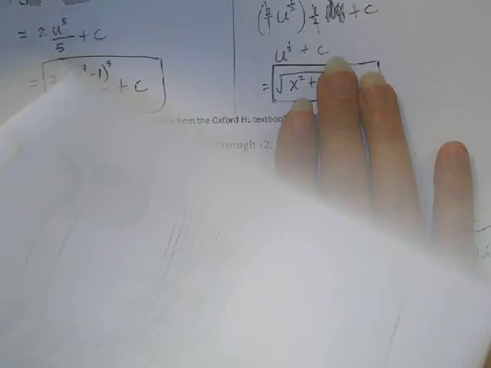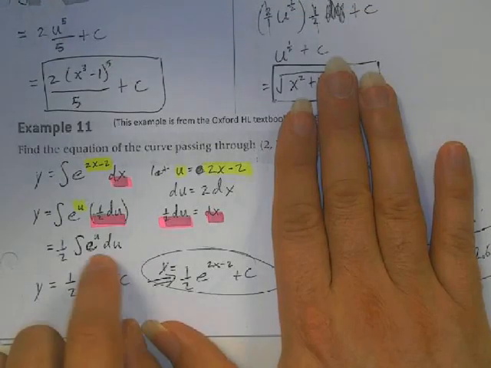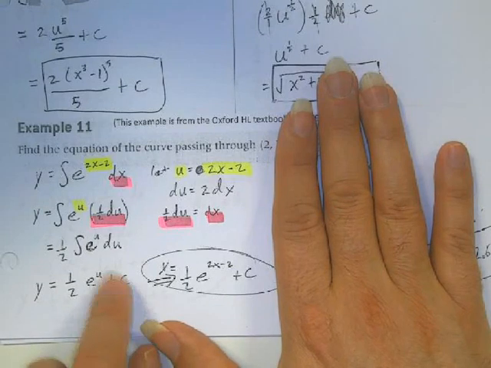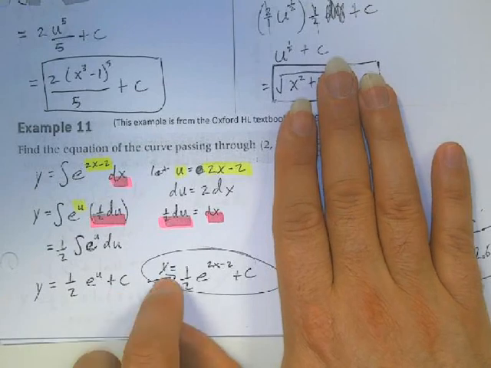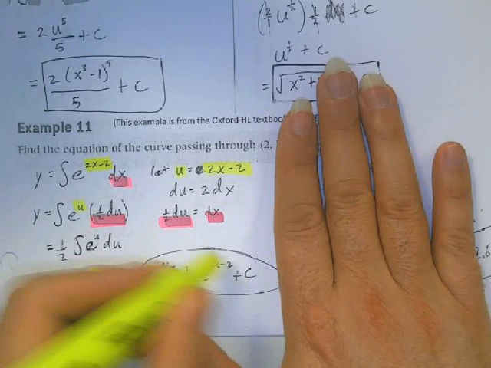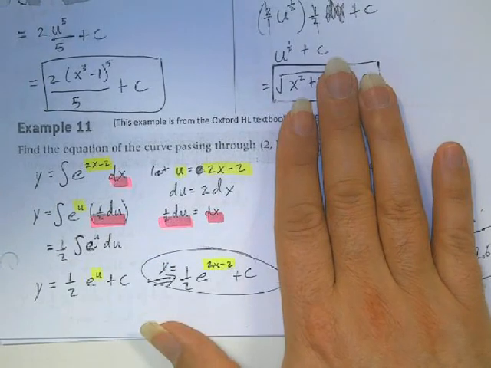So here I have e to the u du, so the antiderivative of that is e to the u plus c. Okay, and then final step, I resubstitute. I'm going to replace u back with 2x minus 2 plus c.